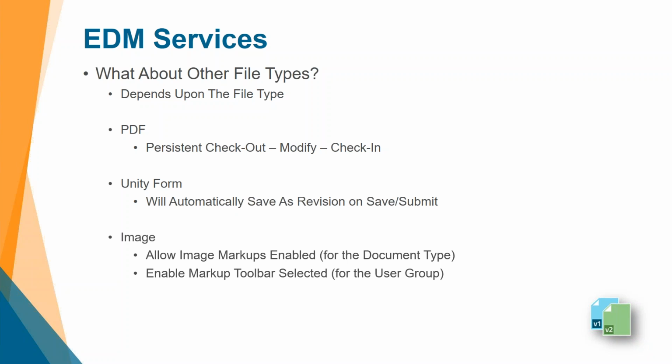That needs to be selected also to enable these features and functions that you're going to see here within a moment. That allows us to truly mark up the image with additional information, and when we actually then save that into the system and close that, that revision is actually stored in the system.